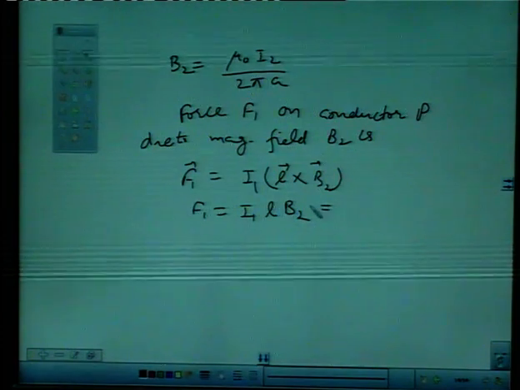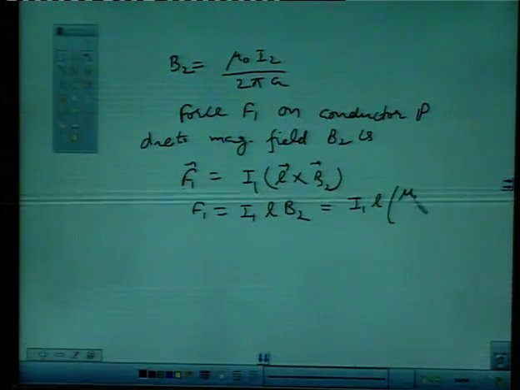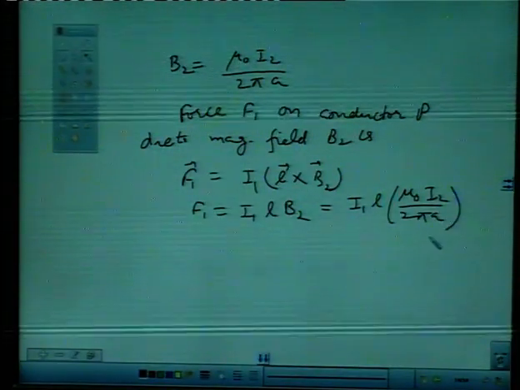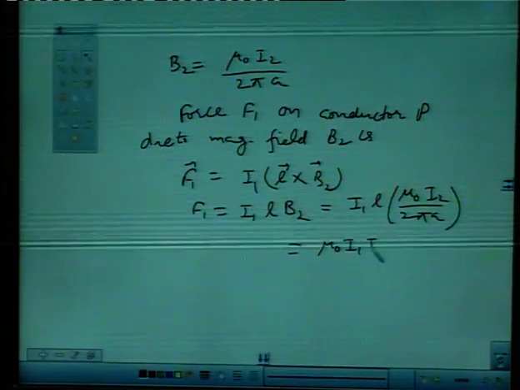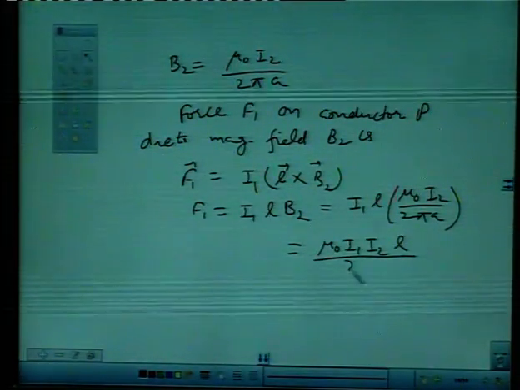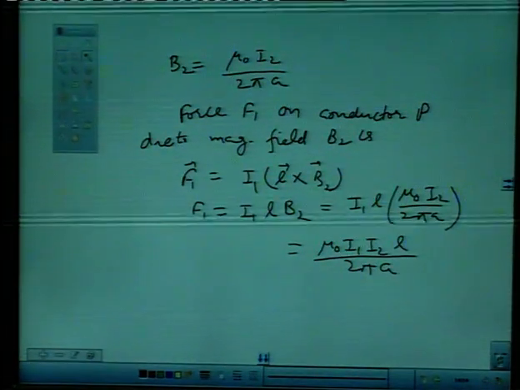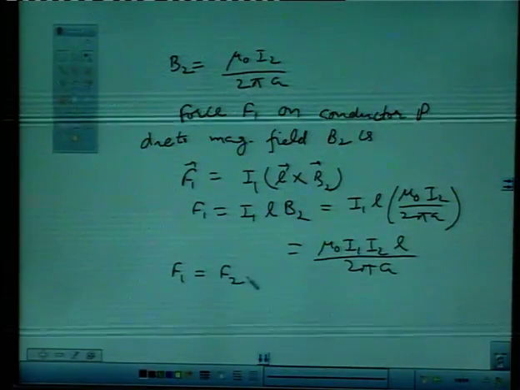Putting the value of B2, we have I1 L mu naught I2 upon 2 pi A. Again this will be equal to mu naught I1 I2 L upon 2 pi A. So we see that the force on both the conductors will be the same. F1 is equal to F2.